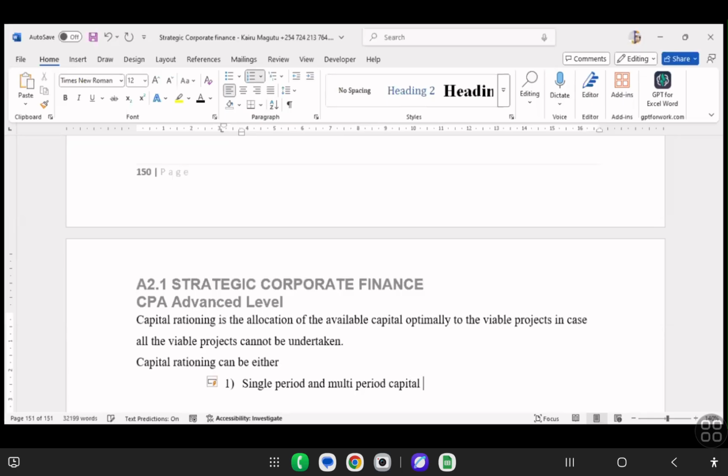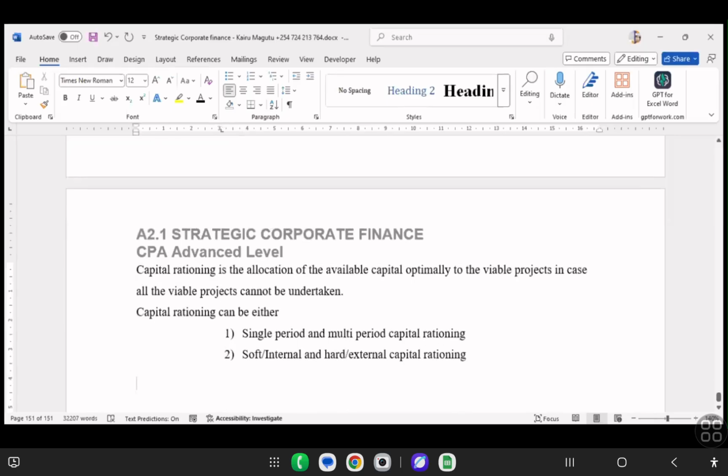Then we have soft, or internal, and hard, or external, capital rationing.